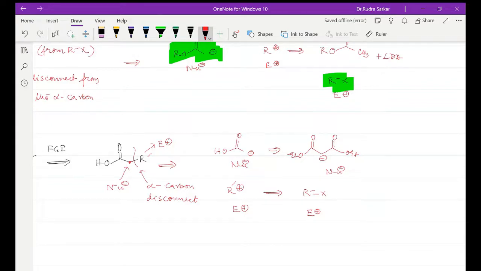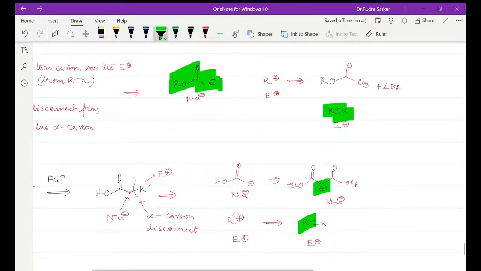So the reaction of this particular carbon with this R prime X is again going to follow an SN2 type of reaction. So our R prime again has to be either a methyl or a primary alkyl halide to avoid any type of elimination products.